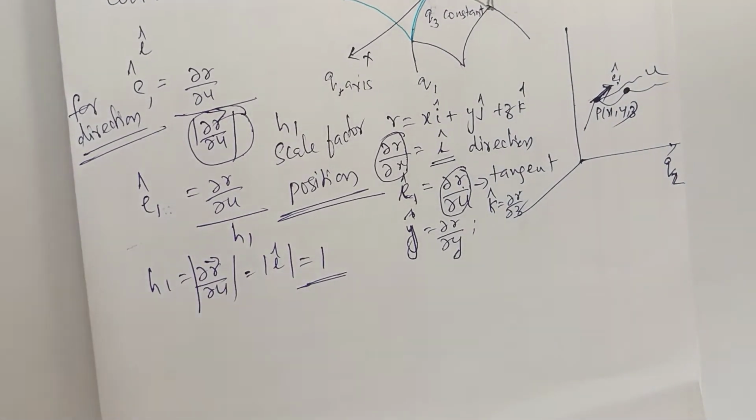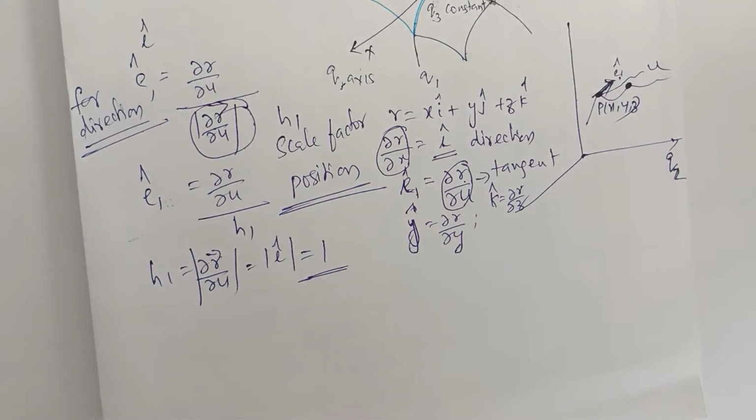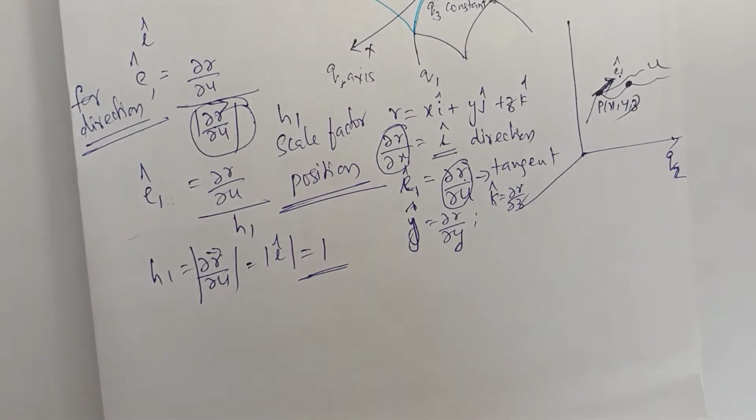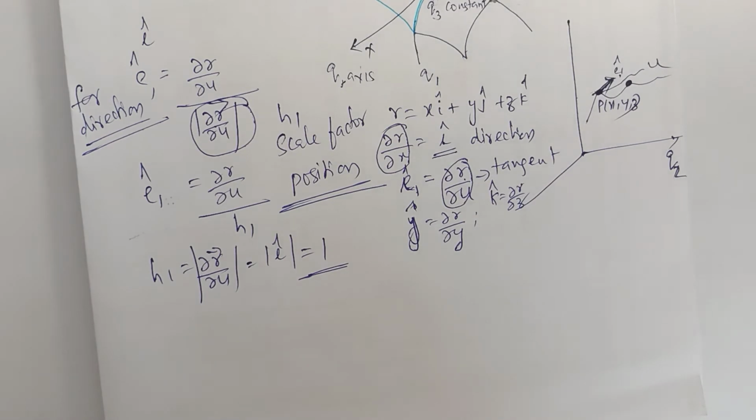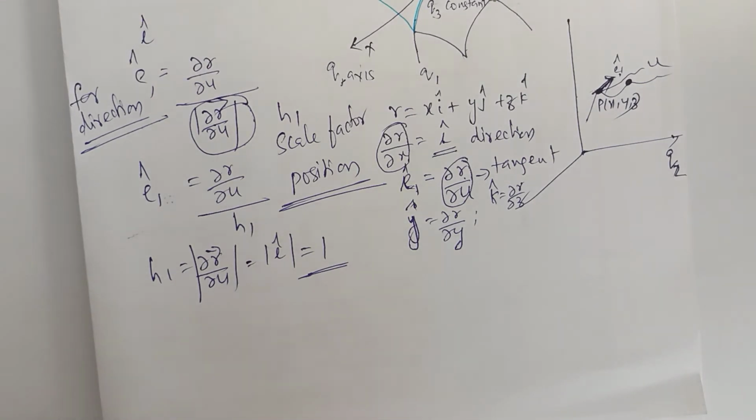We are keeping the surfaces on the coordinate axes, and if the surfaces intersect at a common point, we can call them curvilinear coordinates. And if these surfaces are also mutually perpendicular, we call them orthogonal curvilinear coordinates.